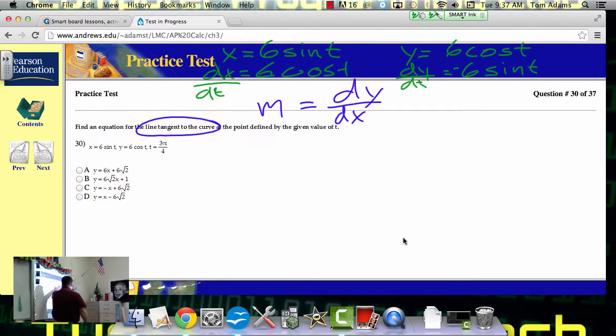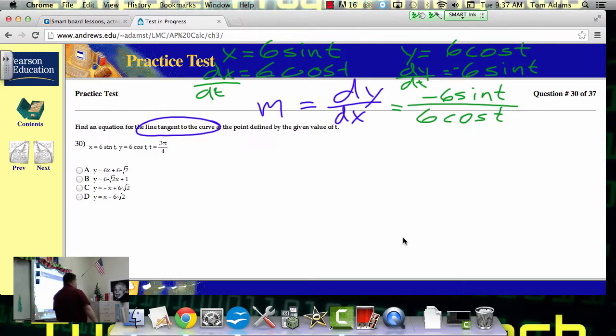If I take dy dt and put it over dx dt, the dt's cancel, so dy dx is negative 6 sine of t over 6 cosine of t.